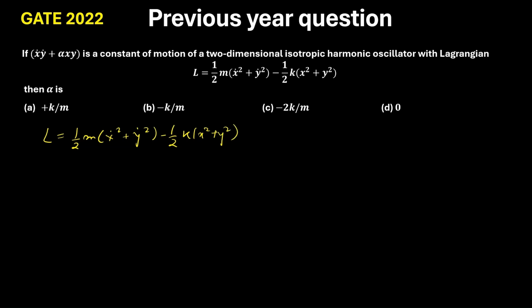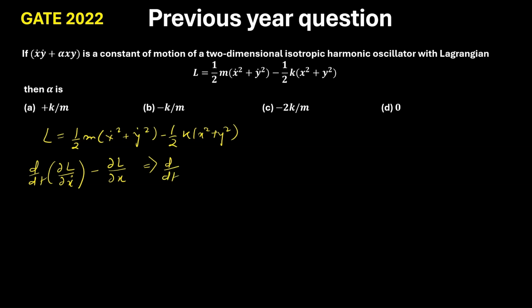From this Lagrangian, we can find the equation of motion. Now there are two coordinates here, x and y. So for x, it will be d by dt of del L by del x dot minus del L by del x.